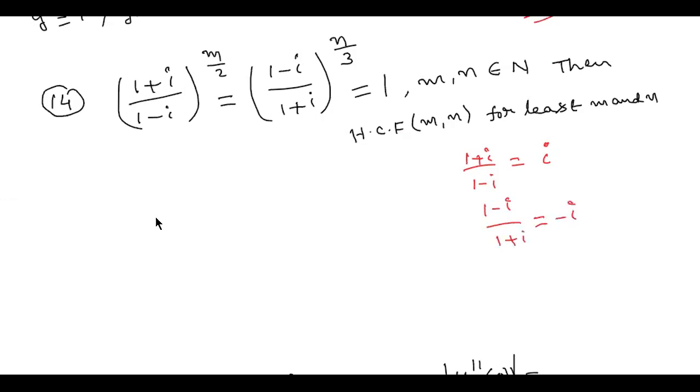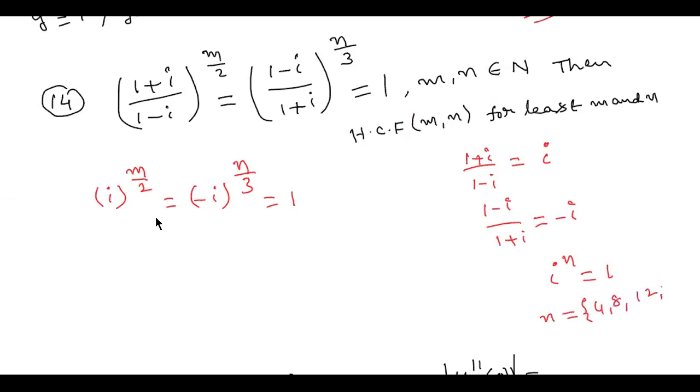Now substitute here: i power m by 2 is equal to minus i power n by 3, which is equal to 1. So i power n is equal to 1 when it is possible, meaning n is equal to 4, 8, 12 and so on.